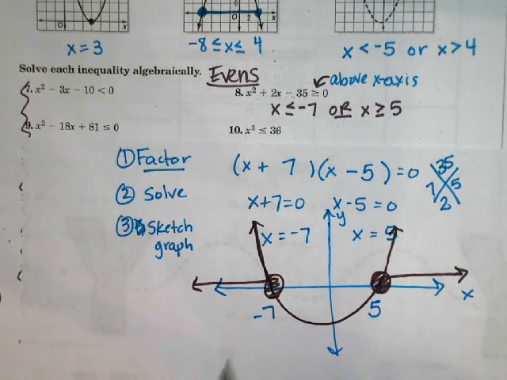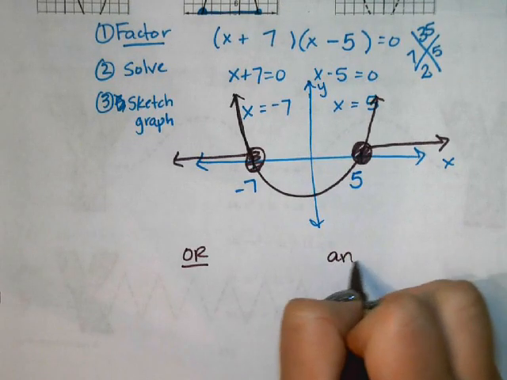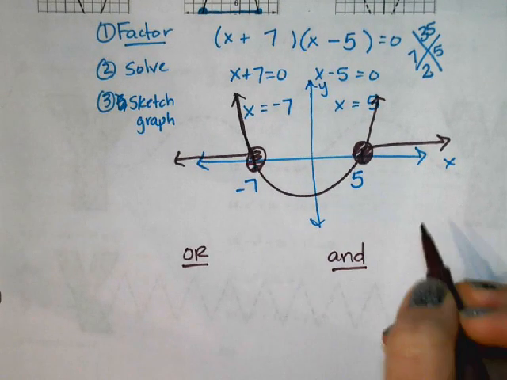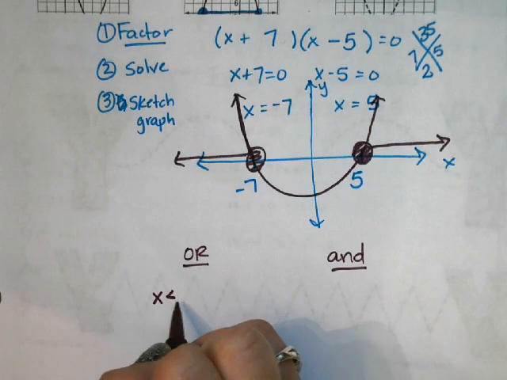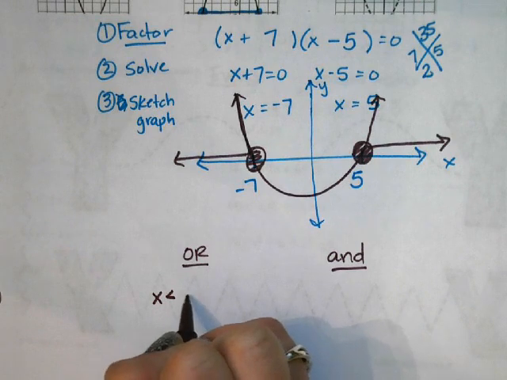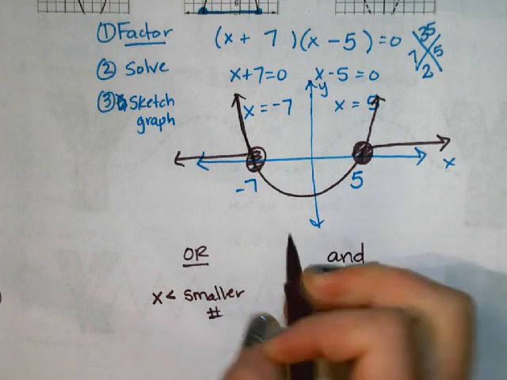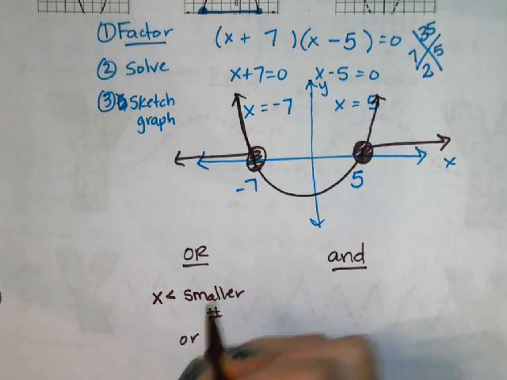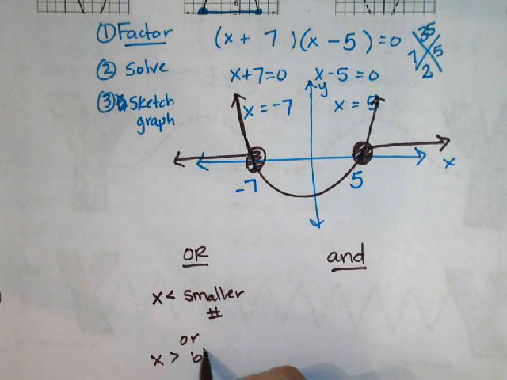Okay, so your 2 choices are pretty much an or or an and. Remember, if it's an or, I should see the word or. So it'll be x is less than, it could have the equal to with it, the smallest number, or x is greater than, could have the equal to with it, the bigger number.